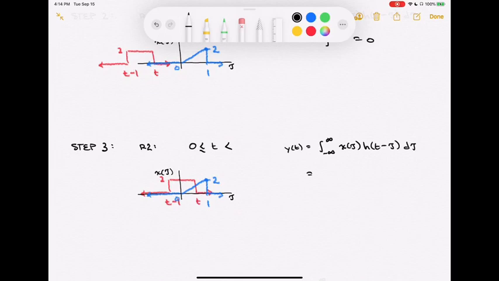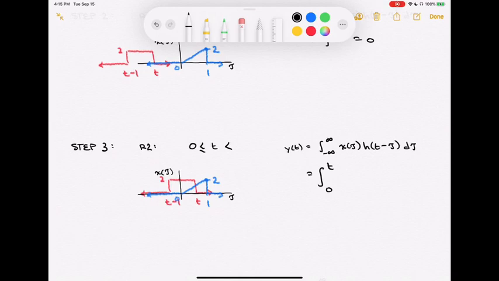If I look at this, what do I get? Anything from tau going from minus infinity to 0, that product is going to be 0, because at least one of the two functions is 0 for tau going from minus infinity to 0. For tau going from 0 to t, both functions are non-zero, and that means their product is going to give me something non-zero.